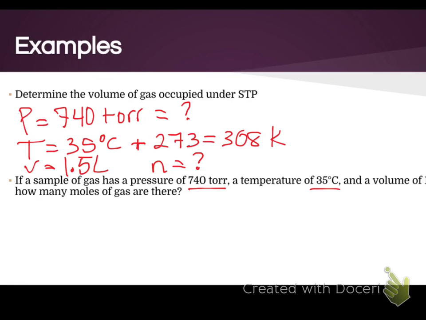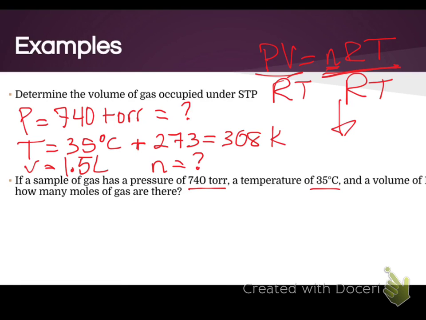So I think we have everything we need again to use PV equals nRT. This time I want to get to N, so N is right here. So that means I have to undo R and T, so I'll divide by R and T. So my equation becomes N equals PV on the top, and RT on the bottom.